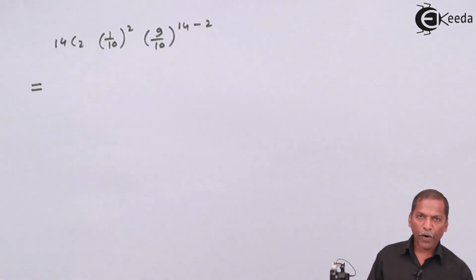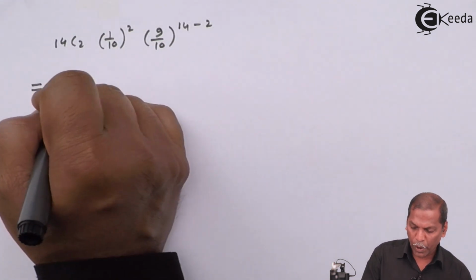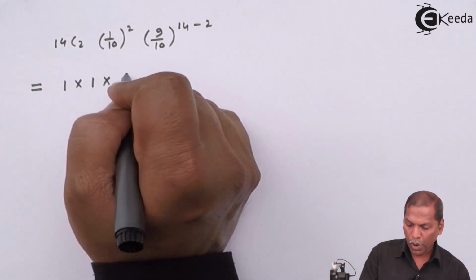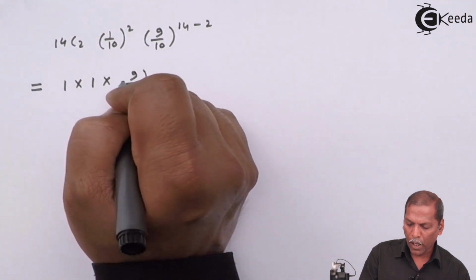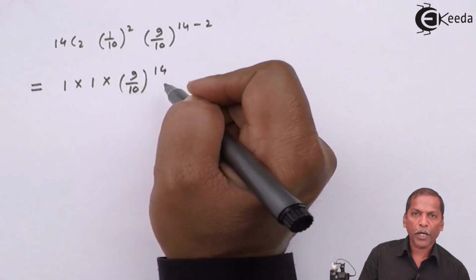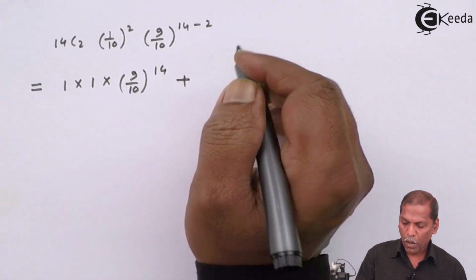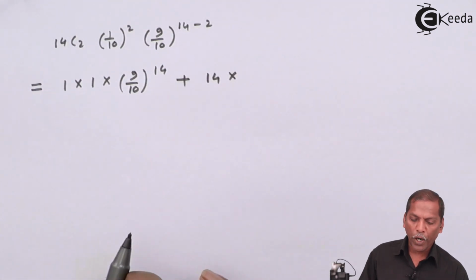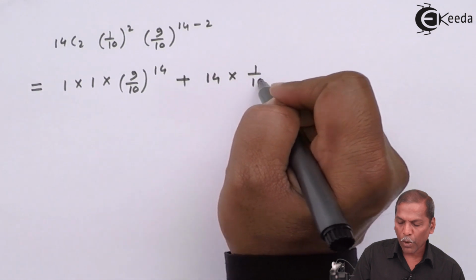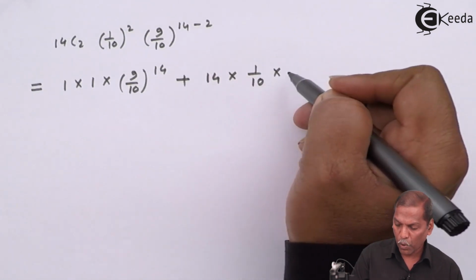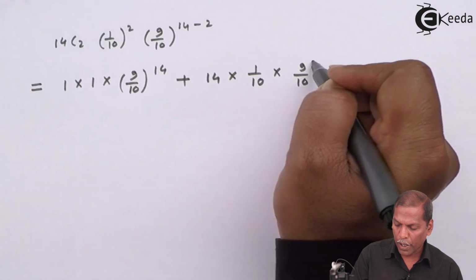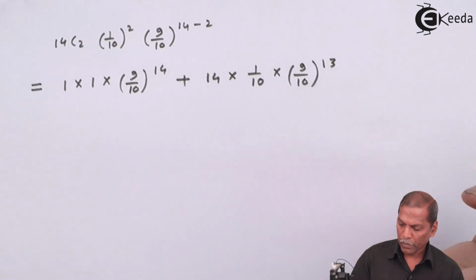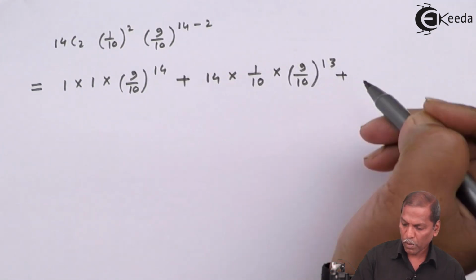So on further simplifying, 14C0 gives 1, 1 upon 10 raise 0 gives 1, so we are left with 9 upon 10 raise 14, plus 14C1 that gives 14, then 1 upon 10 raise 1, so that gives 1 upon 10 into 9 upon 10 raise 14 minus 1, it means 13, plus.